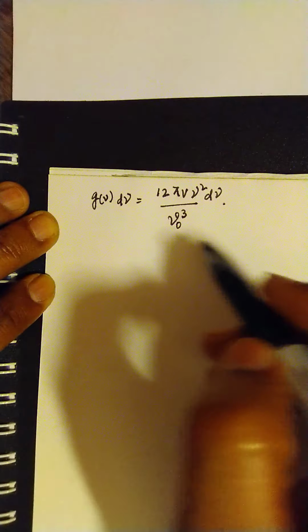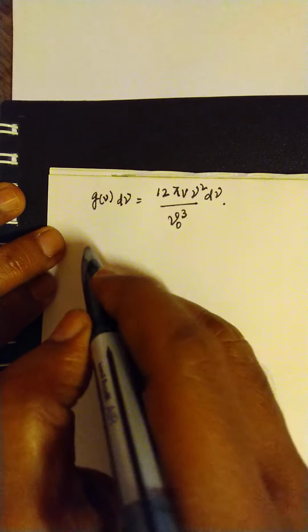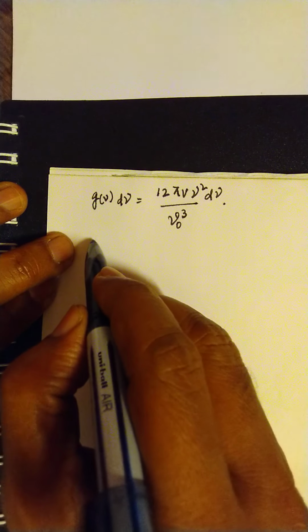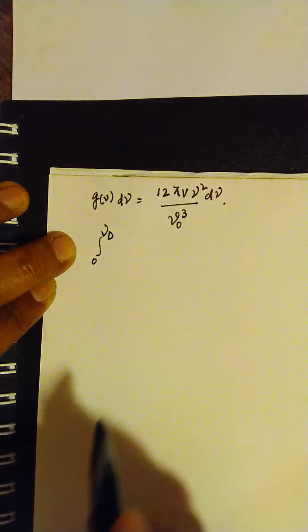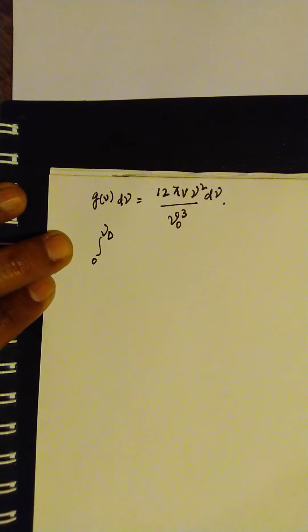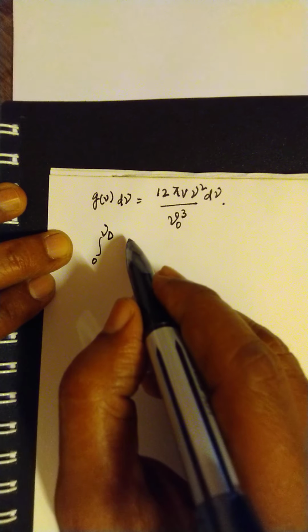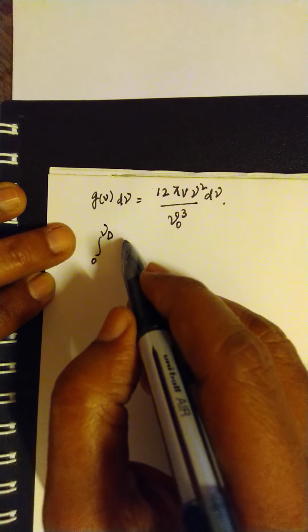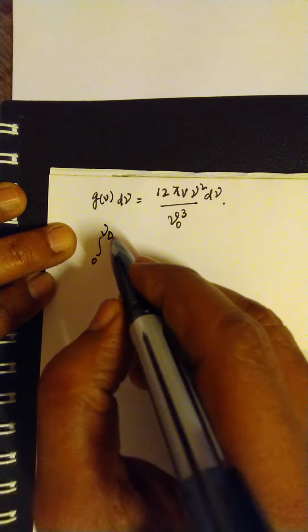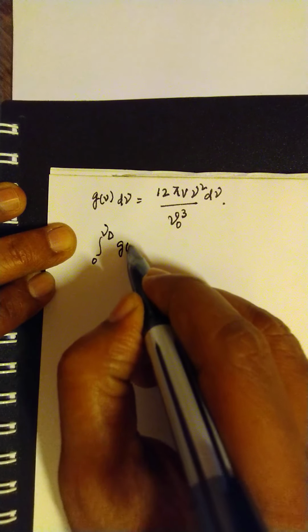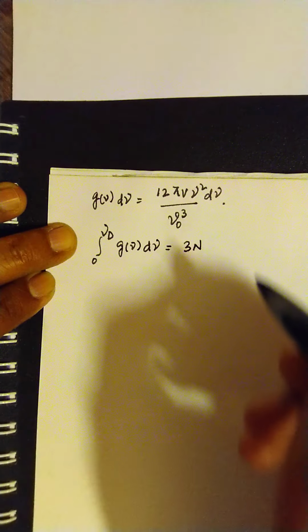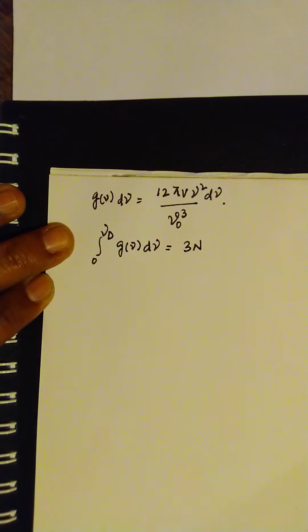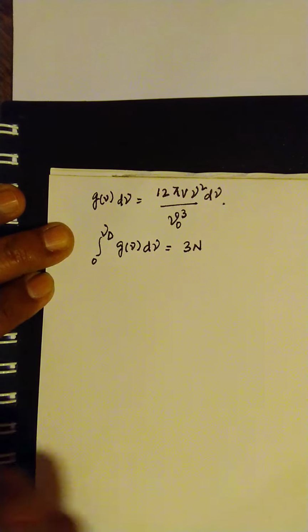Given this, we also know that g(nu) d nu must be such that, integrated between 0 to nu_D, that is the maximum possible frequency of those collective vibrational modes, the total number of modes should be 3N minus 6, or 3N when N is very large, for convenience.